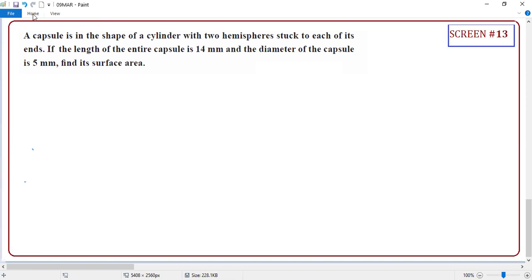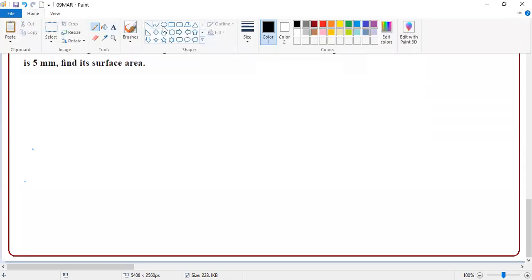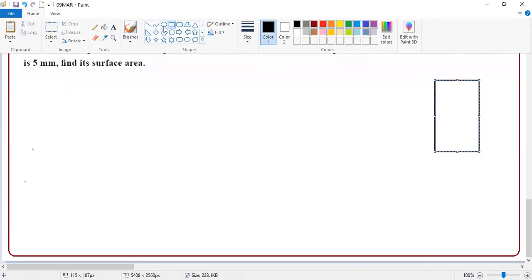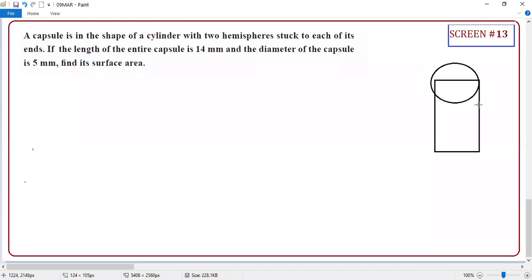Anyone can tell me what is this shape? A capsule, students, in the shape of a cylinder with 2 hemispheres. It's going to have a cylinder and 2 hemispheres. Guys, a capsule will be like this only, correct or not?